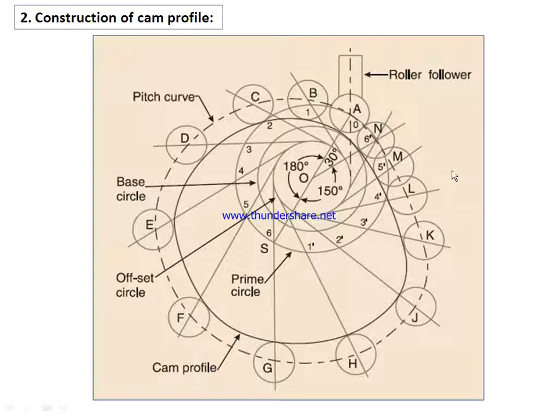Okay. So finally, by drawing the curve which is tangent to all these circles, you will get the profile of the cam. So that is the end of part 4, students. Thank you so much. Thank you for your attention.